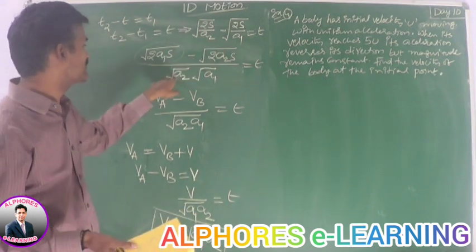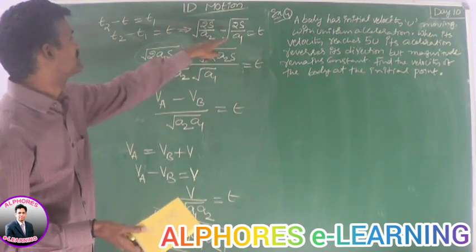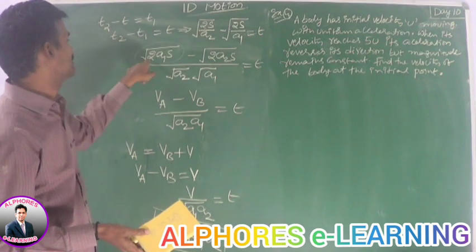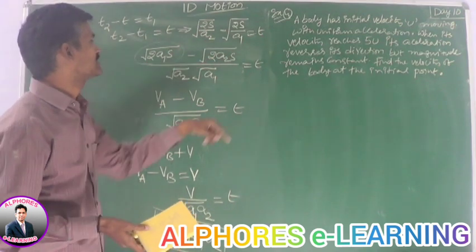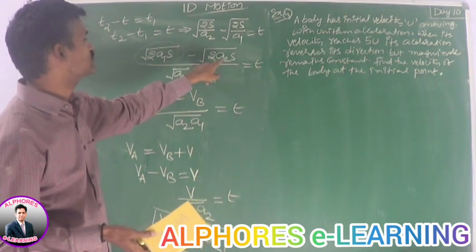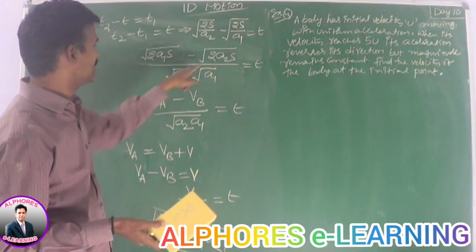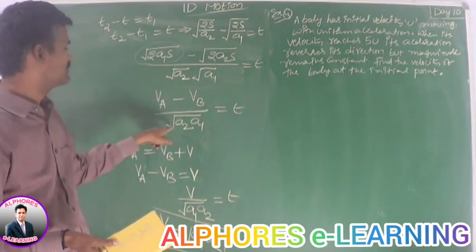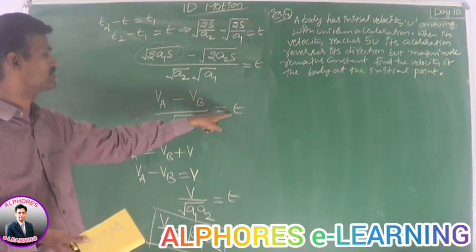Taking root A1 into S and multiplying A2 in the numerator, that is 2A2S under root. This is VA and this is VB, so VA minus VB by root A2 into A1 is equal to T.